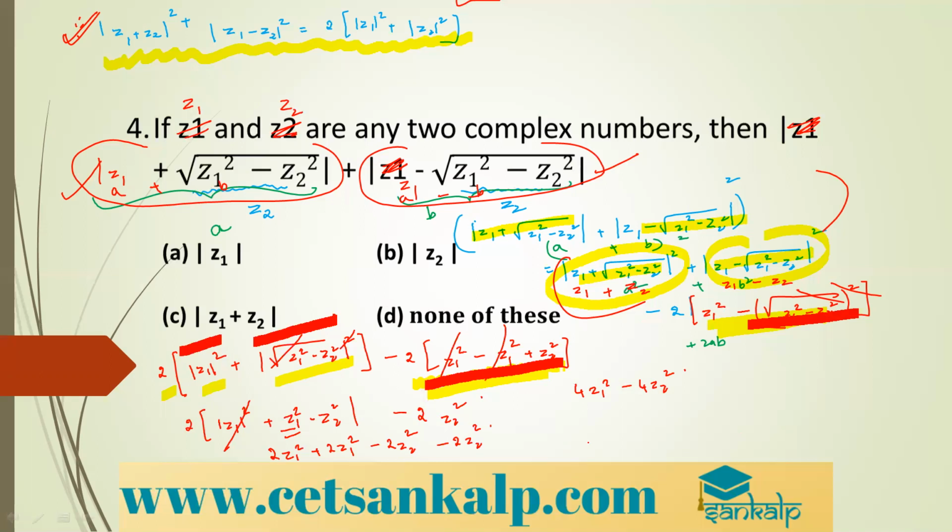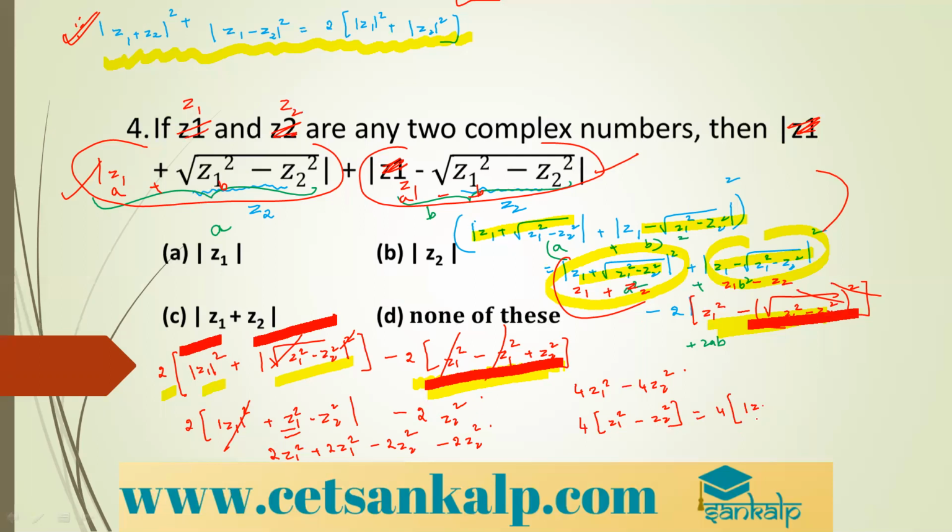This is what is left, isn't it? So you can take 4 outside. You are left with Z1 square minus Z2 square. How can you write 4 into Z1 square minus Z2 square? Any idea?